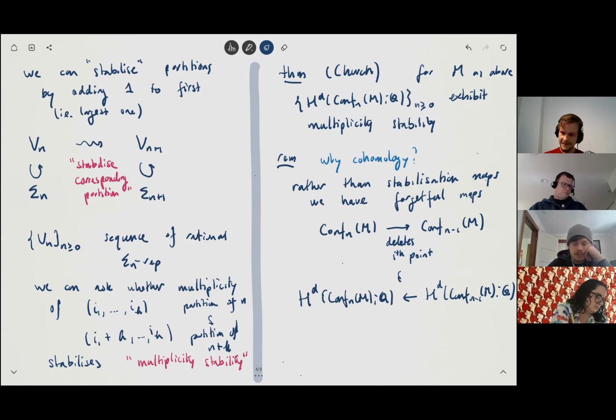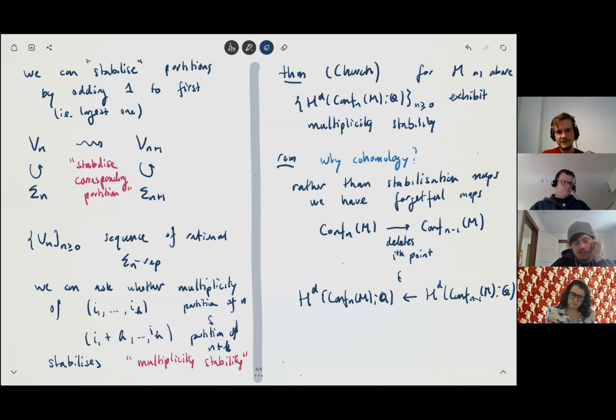But it also turns out that the algebraic structure I'll talk about in a second is better behaved when you look at the maps going this way. Okay, so what is this algebraic structure I just mentioned?